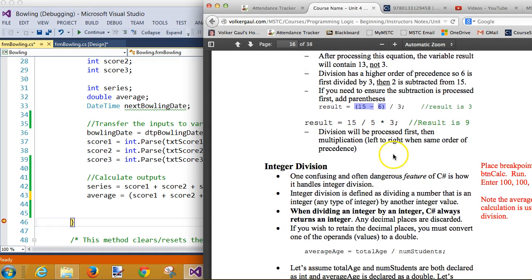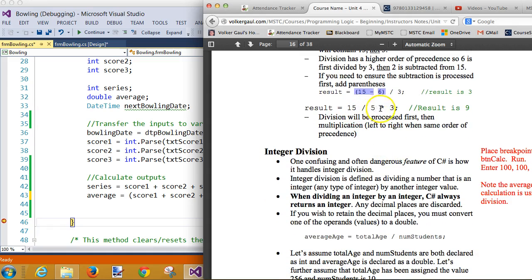Here's another example. 15 divided by 5 times 3. Which one of those has precedence? Pardon me? 3? Is that what you said? You said division. Division. Why? I'm sorry, it's been a long day. I can't hear. Order of precedence. Really? No, it doesn't.